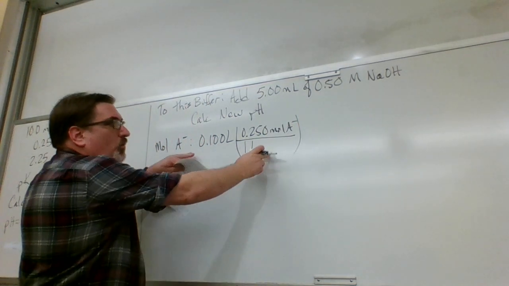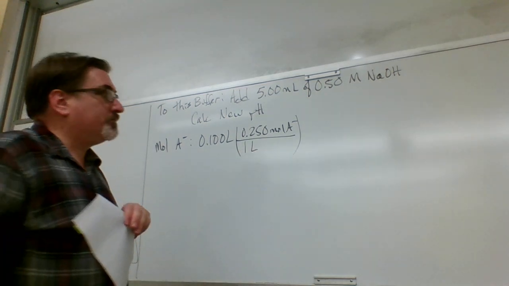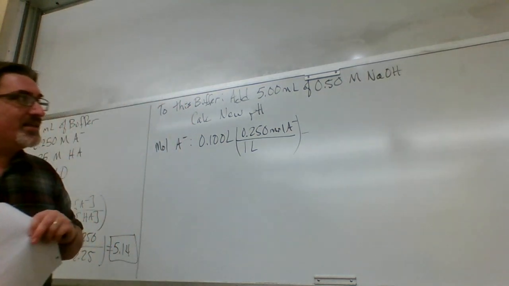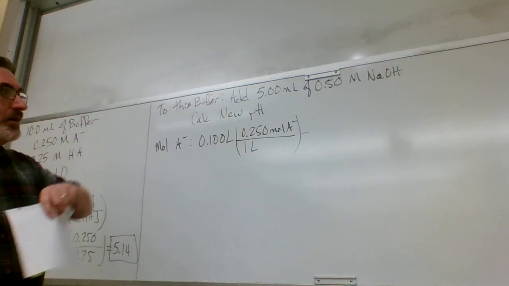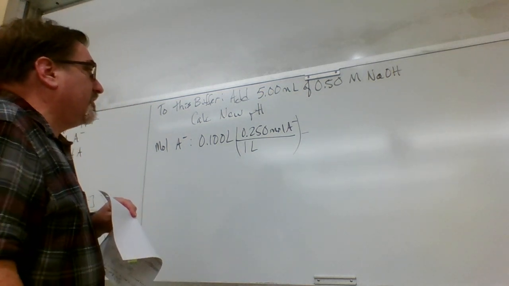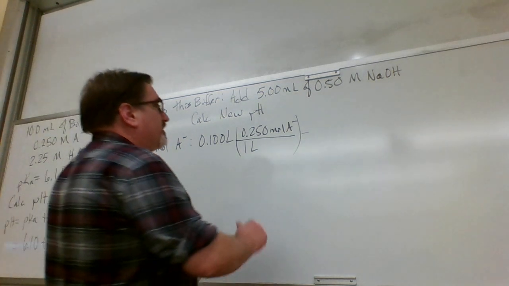So that's how many moles of A minus we had to start. And then we're going to add the number of moles of A minus that have been generated by conversion to A minus from the NaOH addition.